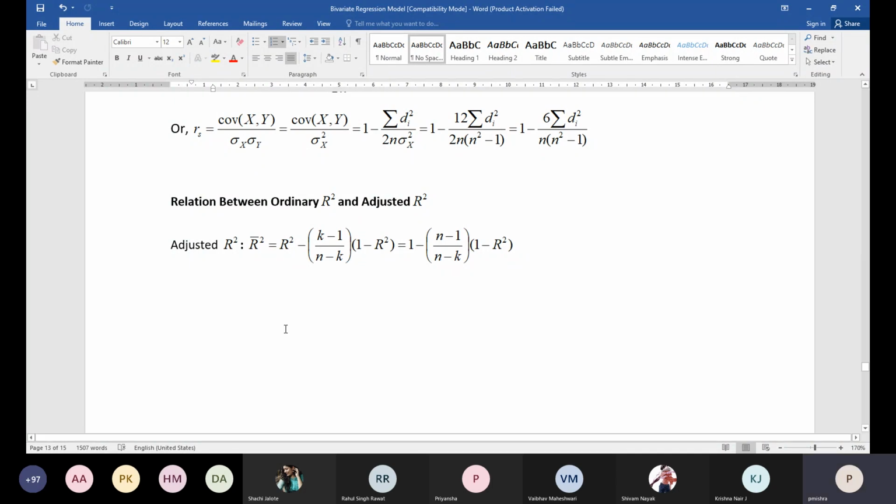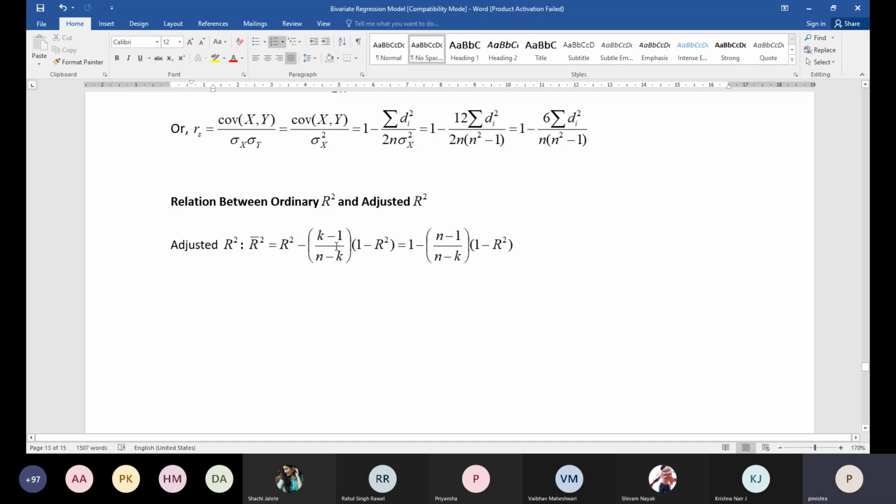Given n, as you add more variables, you need to estimate more coefficients. So as you estimate more coefficients, the value of k increases.